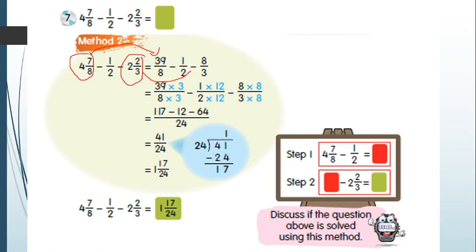It can be done also, but you have to make sure your multiplication is correct, because it involves bigger numbers than the first method. Melibatkan nombor yang lebih besar, and it also involves converting from improper fraction back into mixed number. So you have to be very careful. Alright.